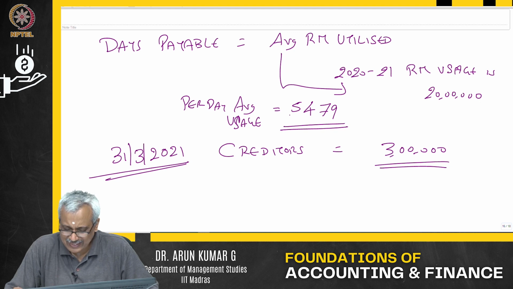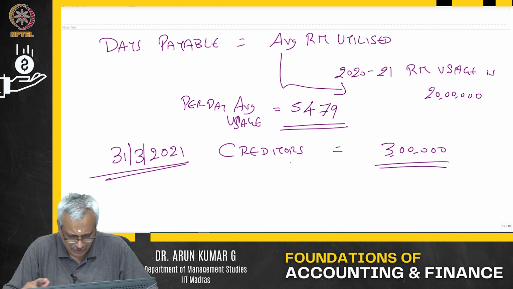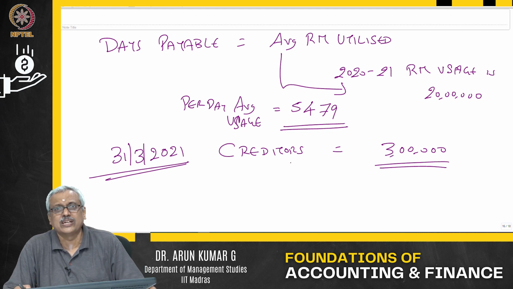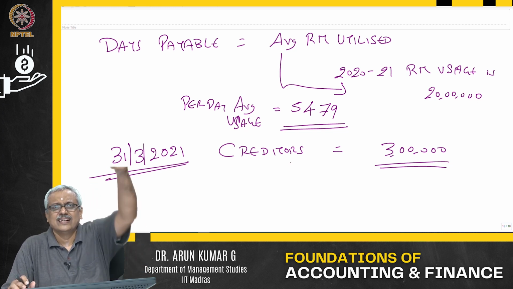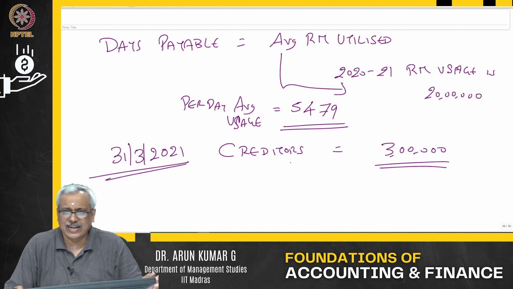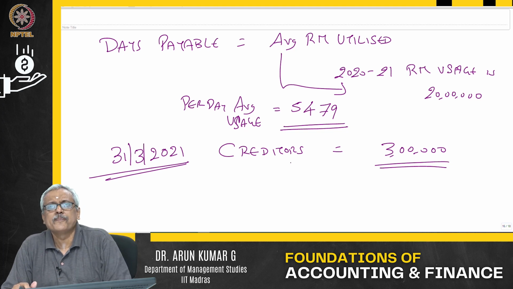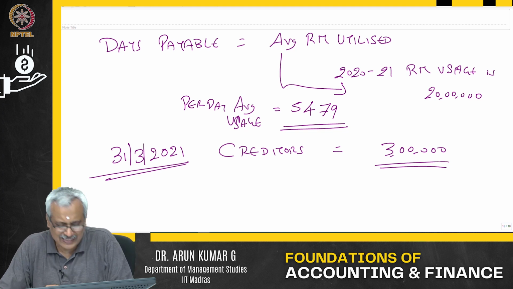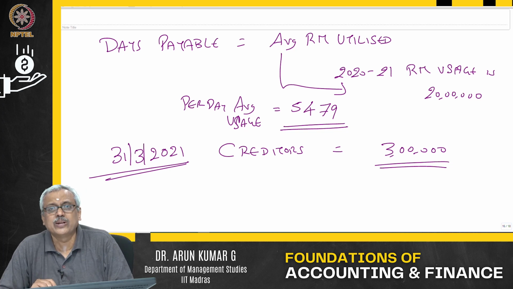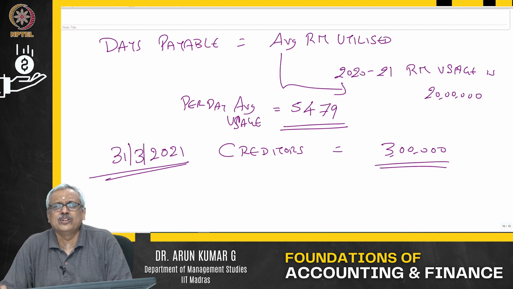Normally we take the average in this case also. I have taken only 31st of March 2021. We will take the previous year's creditors and the current year's and find the average. Not a problem, but I am just taking it for simplicity out here. So this 3 lakhs is the creditors in the balance sheet on 31st March 2021. This 3 lakhs is equal to how many days of average material usage?